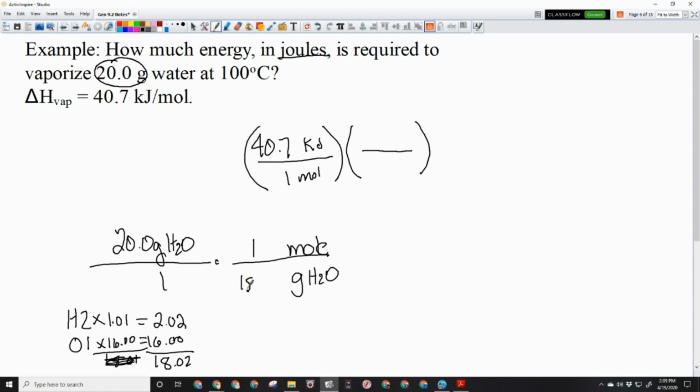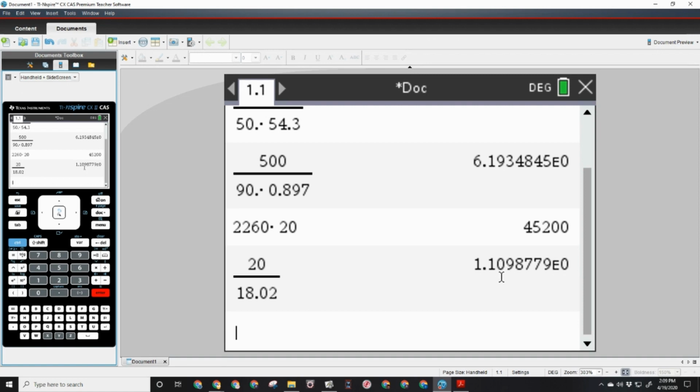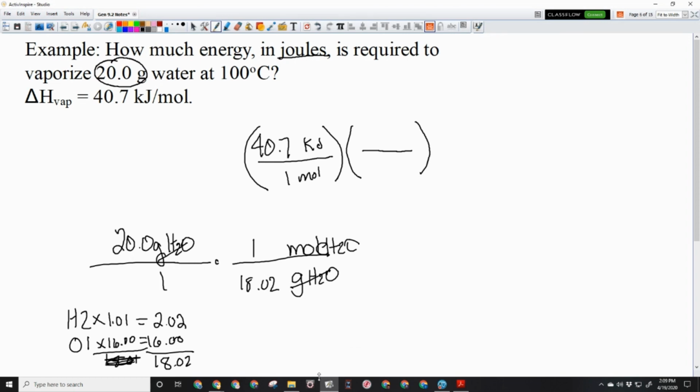Okay, so 18.02. Grams cancels, leaving us moles of water. So we're going to take our 20 divided by 18.02. That's going to be 1.1098 moles of water.